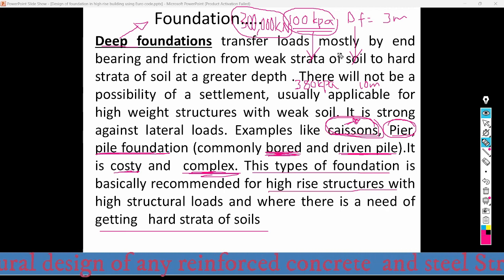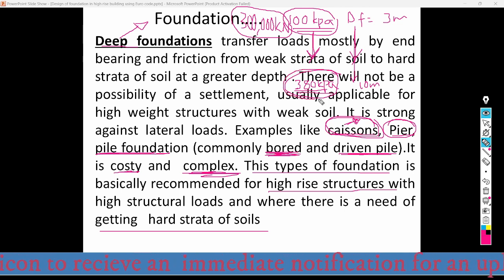So what we are going to do, we need to go down until we get a good stratum of soil. So we may go down up to 10 meters and we'll get 380 kilopascal.